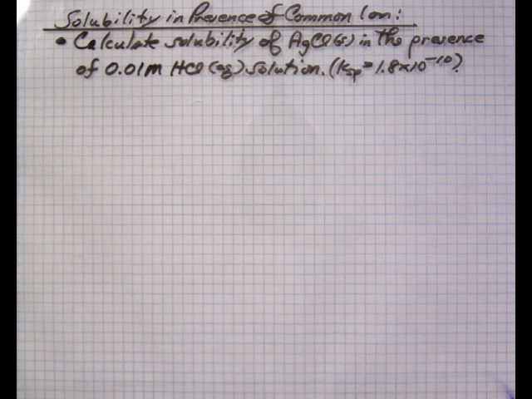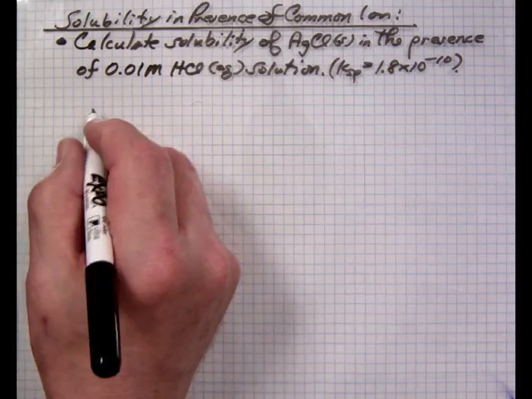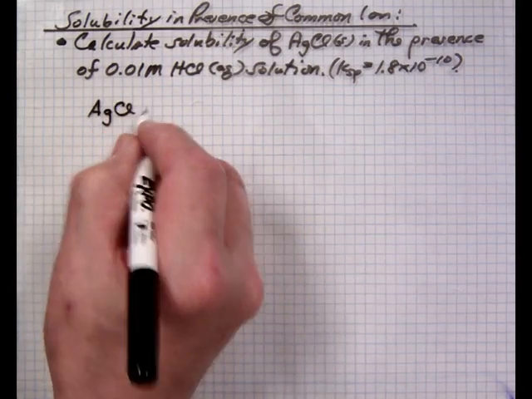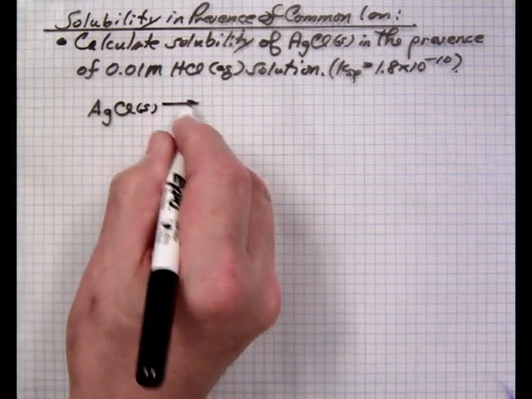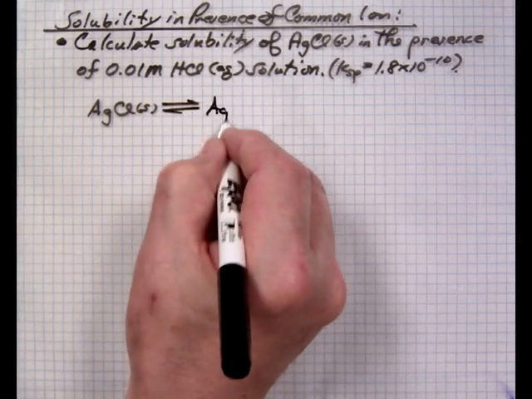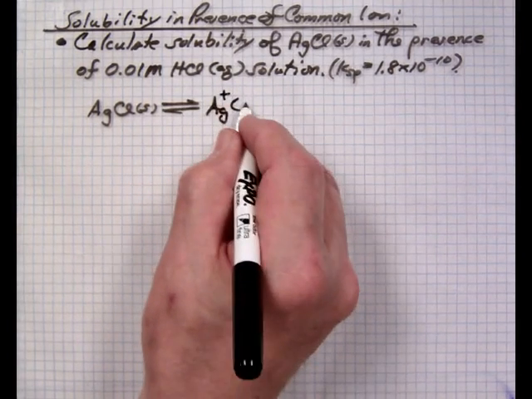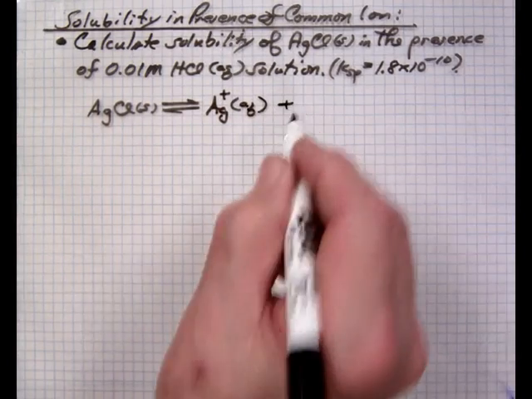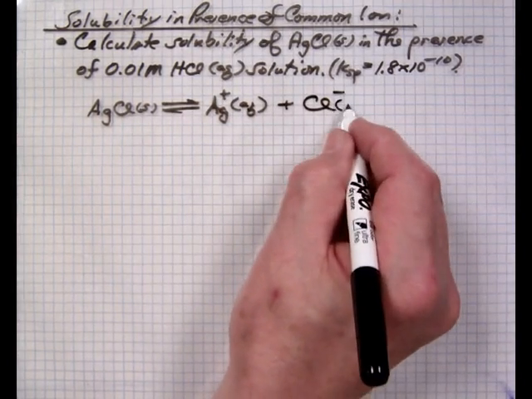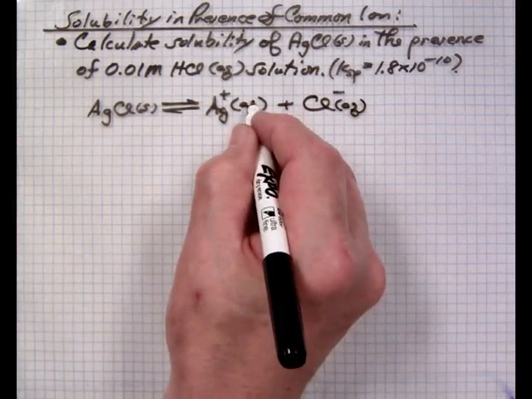You have to work from the ICE table, and so we'll just start there with the silver chloride ionization to deliver silver ions into solution, along with chloride ions into solution.